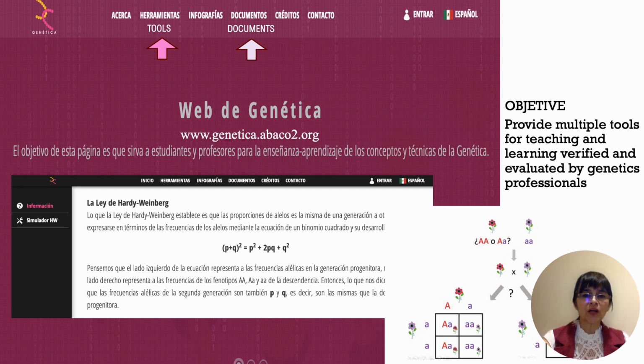The diagram here shows the alleles for the color of a flower, but it can apply the Hardy-Weinberg equation to different flower populations. Also, on this web page, there are documents, especially educational texts that we wrote, reviewed, discussed, and edited for the learning of the students.